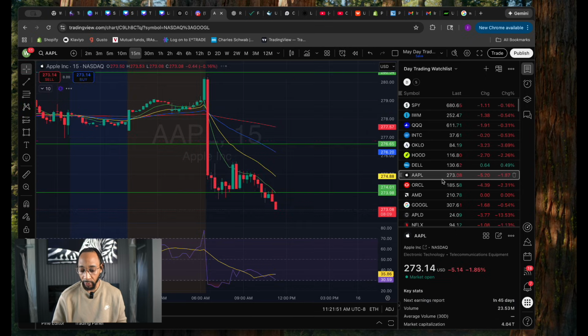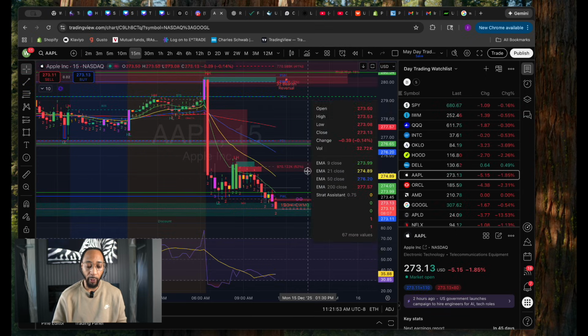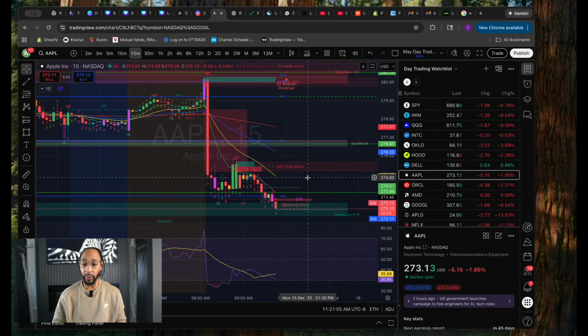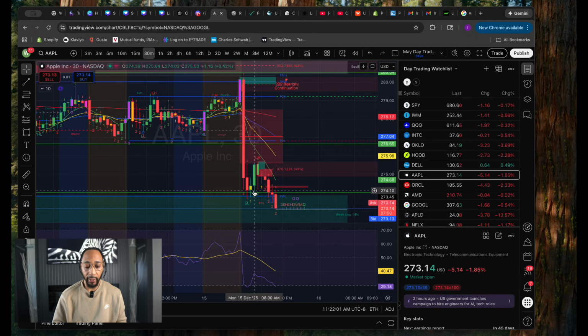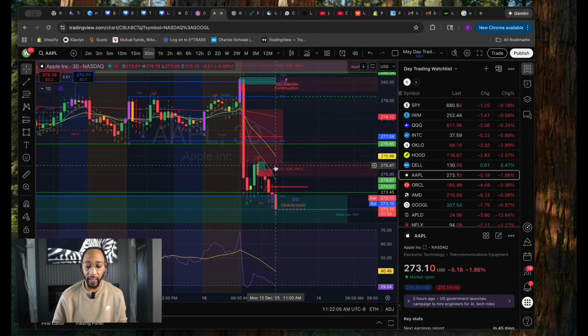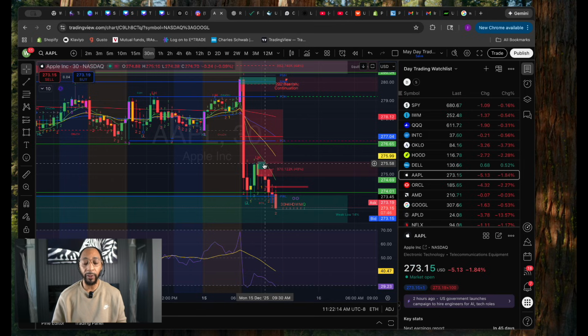Let's look at Apple. Now, I almost took Apple calls literally about 20 minutes ago, right? When I was looking at Apple, I saw a double bottom right here. And I said, okay, if we start pushing up, that's when I'm going to take entry. I could have taken entry after it took out this high right here, or I could have waited until it broke the neckline, right? This is called discipline as well.